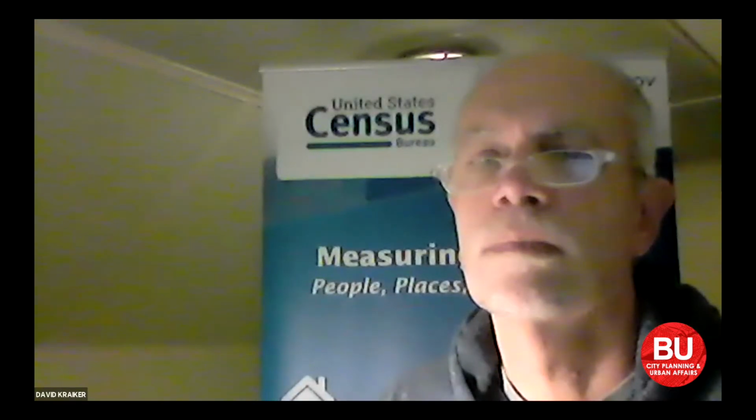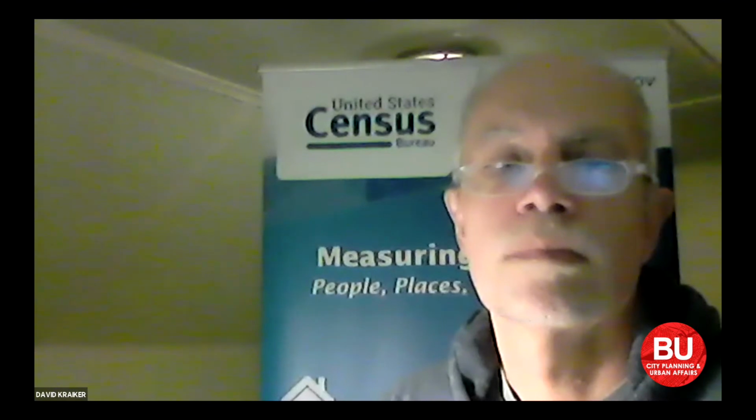So for this evening, we have with us David Kraiker from the Census Bureau, and he is going to be talking about census data. So we would like to welcome him. He is a data dissemination specialist in the data dissemination and training branch of the US Census Bureau. He works out of the New York City office.